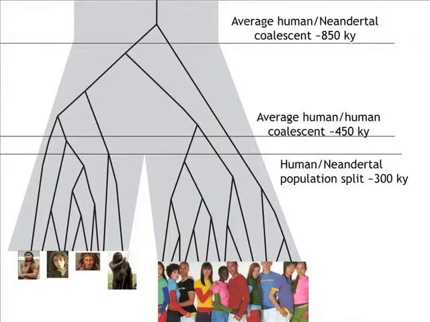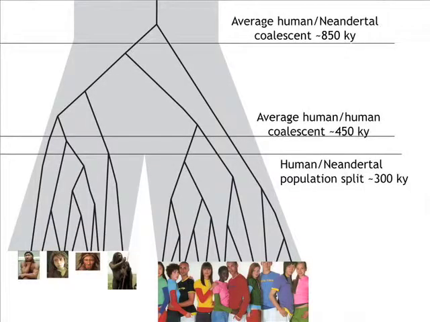So on average, that's how long ago in the past it was. Different places in the genome, different common ancestors, but on average, that's how long ago it was. It turns out that it's 450,000 years plus or minus about 450,000 years. It's a Poisson process. The mean and the variance are the same, so it really is that much variance.